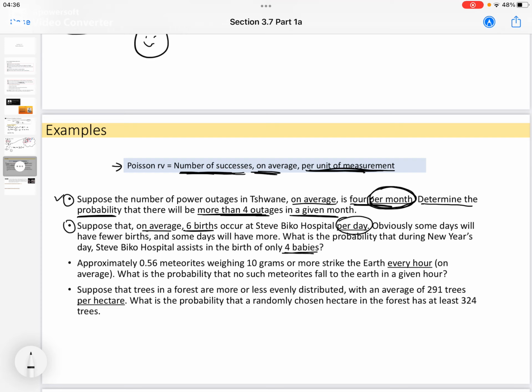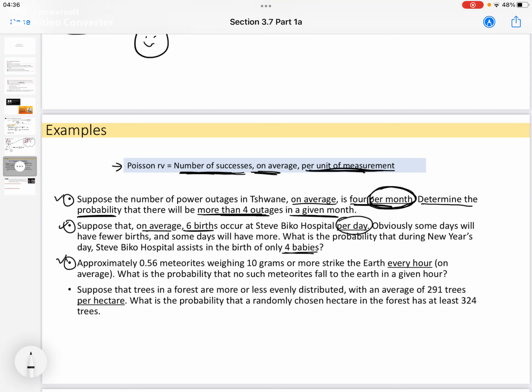Now we want to calculate the probability of observing only 4 successes or 4 births, given that on average there are 6 births per day, right? So the Poisson distribution is applicable here because it can help us calculate the probability of observing 4 successes in 24 hours, given that on average there are 6 births in 24 hours.